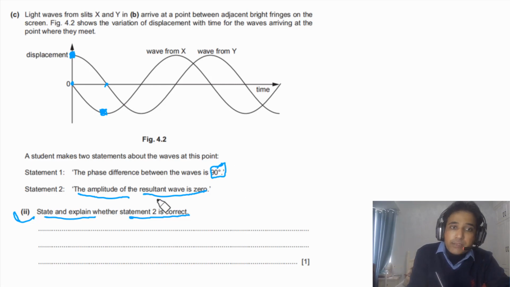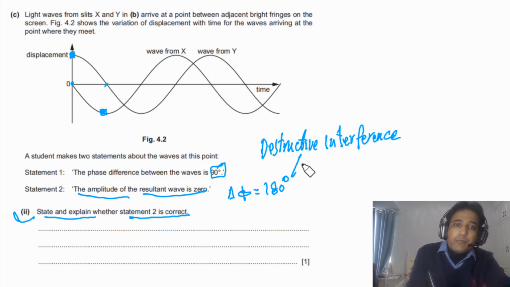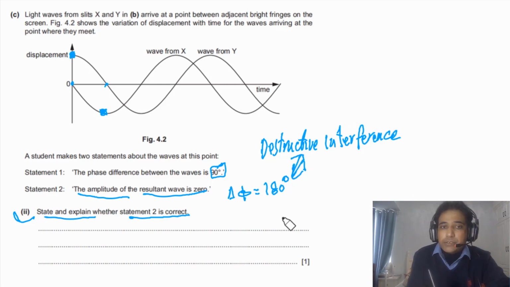If the resultant wave displacement is equal to 0, the phase difference has to be equal to 180 degrees. So there will be destructive interference. But in this case the phase difference is 90 degrees, so statement 2 is incorrect. 100% destructive interference will take place if the phase difference is equal to 180 degrees.